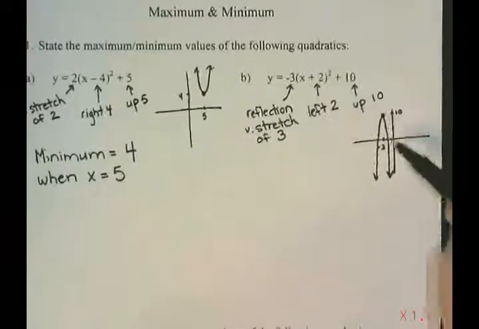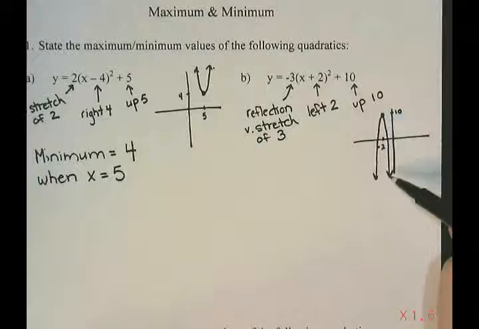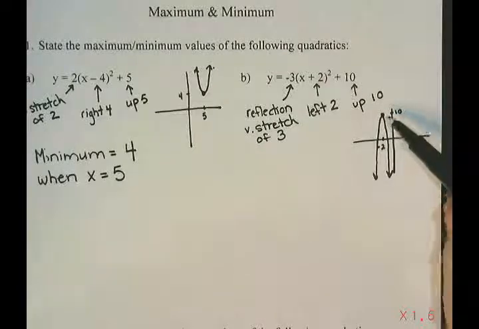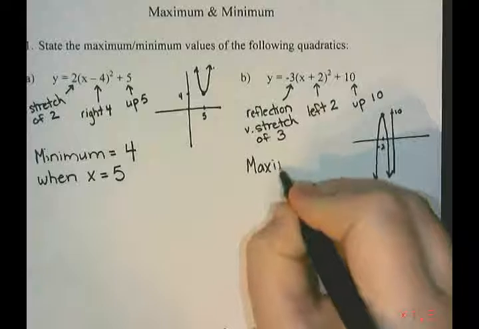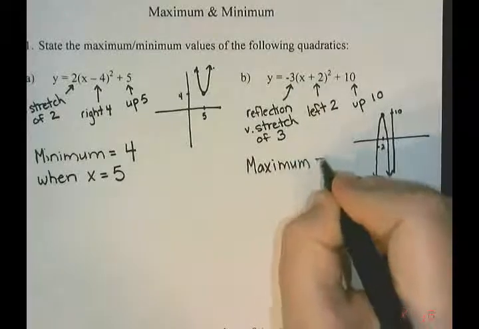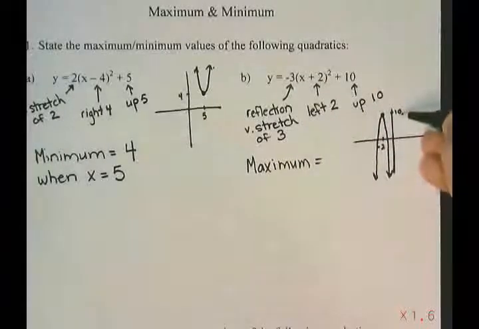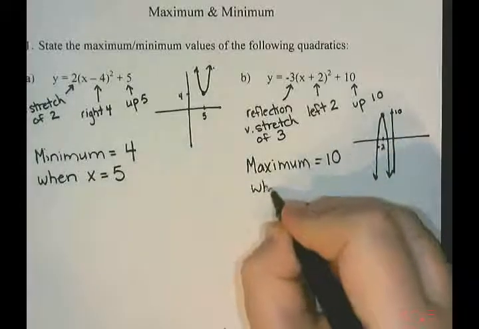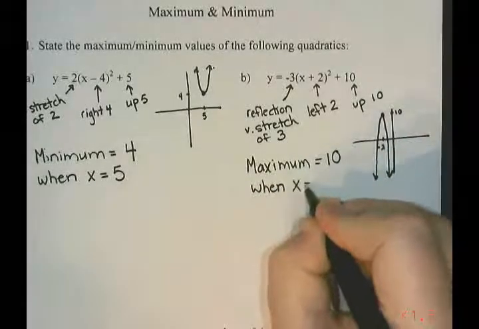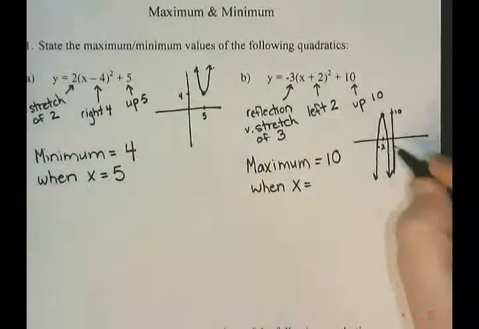So if I take a look at this graph, this one doesn't have a lowest point this time, it actually has a highest point, so this has a maximum. And the maximum value is going to be 10, so it has a highest point of 10, when x equals negative 2.